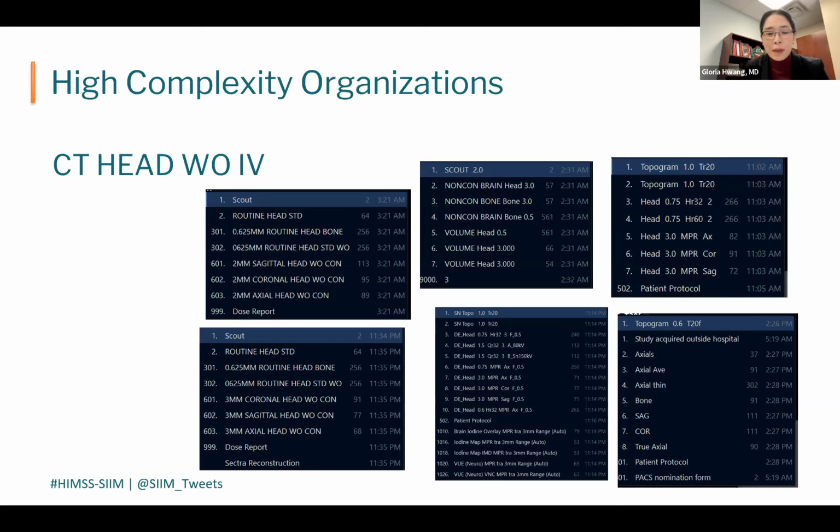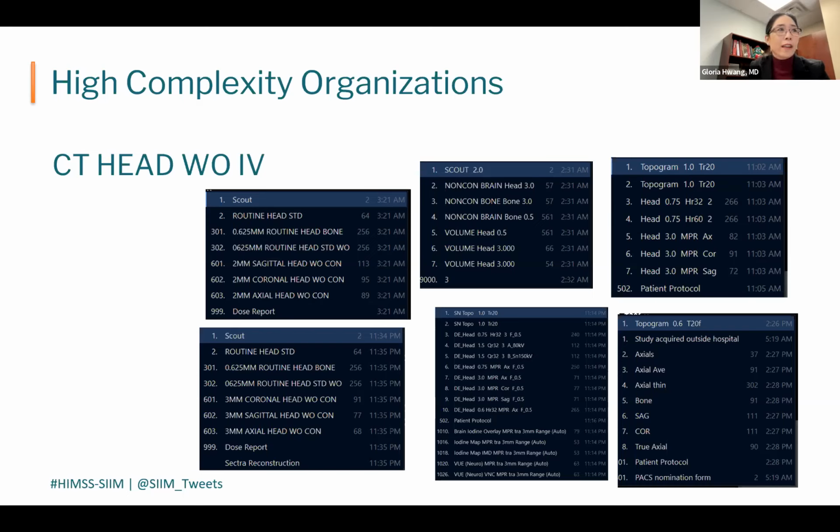What I didn't expect at Stanford was that we would have at least 6 different ways, and I think there are actually more than what I'm showing here, of how we acquire a simple thing called a non-contrast head CT. And we have over 2,000 procedure codes, including head CTs done with indication-specific procedure codes. This is specifically just CT head without IV contrast, and we had this many different series types.